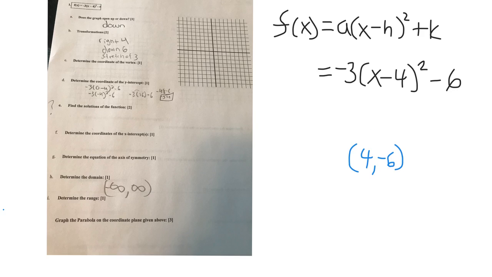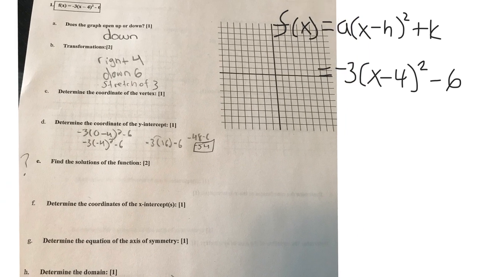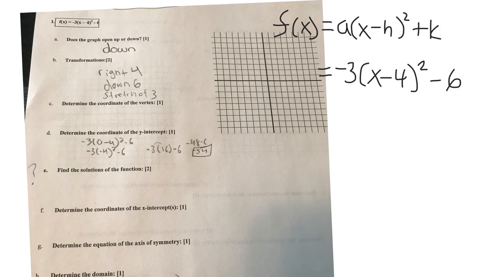What my student did is replace x with 0, and then found what you would get as a result of substituting 0 in for x. And it turns out that we do indeed get a negative 54 in that case.